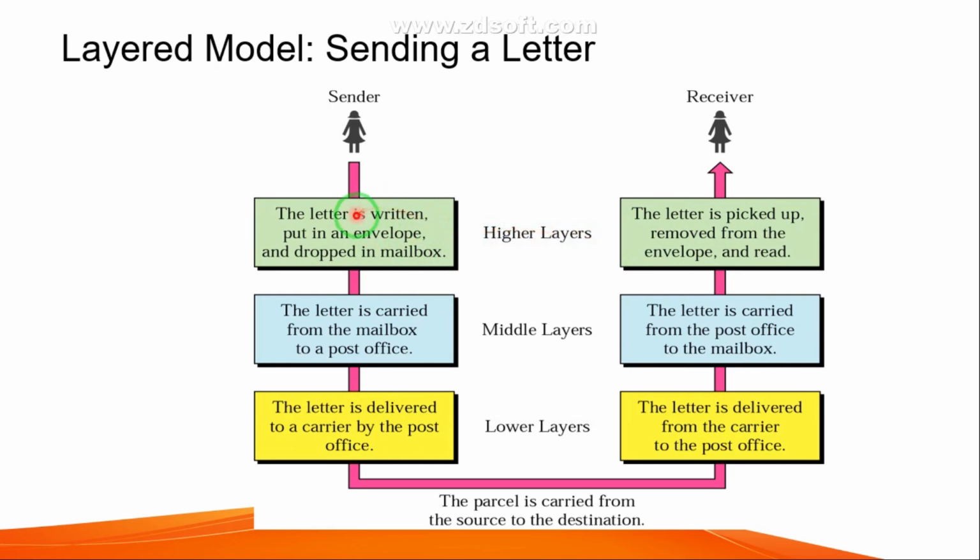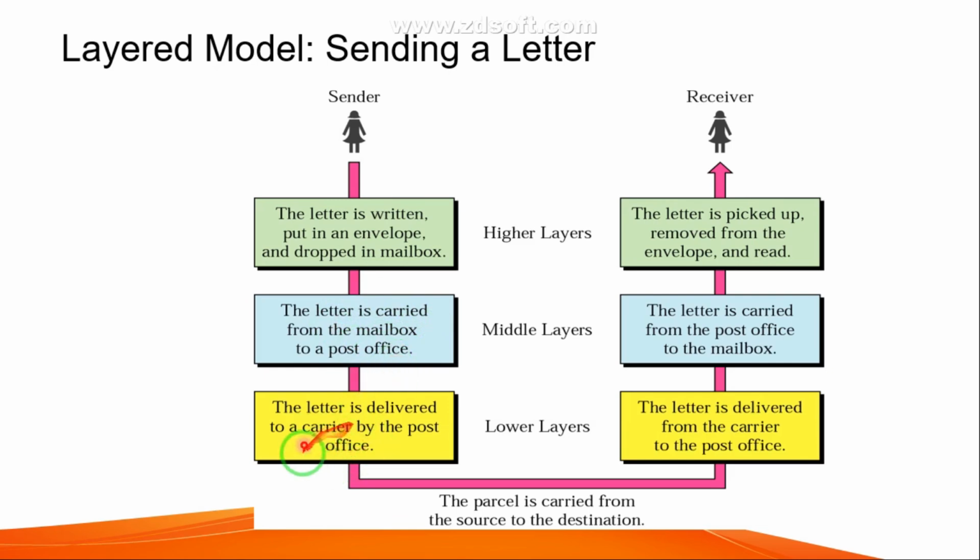Now your task is over. Now you are going to use the services of the middle layer. How is it seen? At this layer, the letter is picked up by the letter carrier and delivered to the post office.